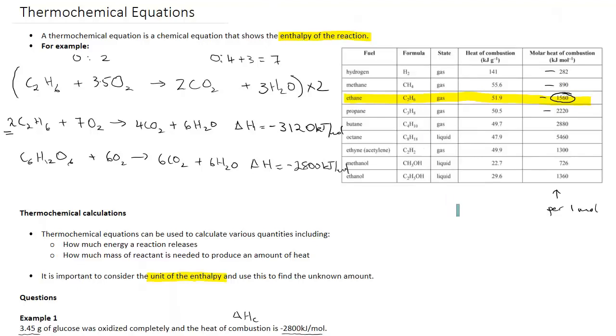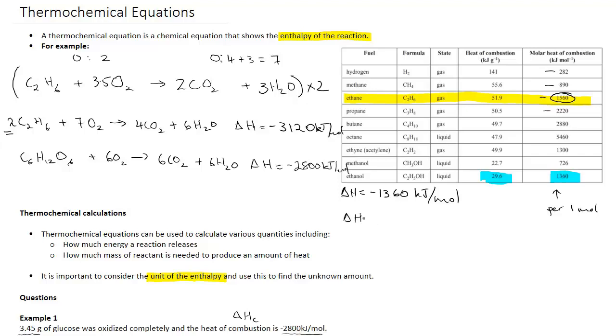In this case we could choose to express it in kilojoules per gram, or in kilojoules per mole. I'm going to stick with kilojoules per mole. Remember that that's considered as 1 per 1 mole, so delta H of ethanol is minus this kilojoules per mole, but in our chemical reaction we actually have 2 moles.